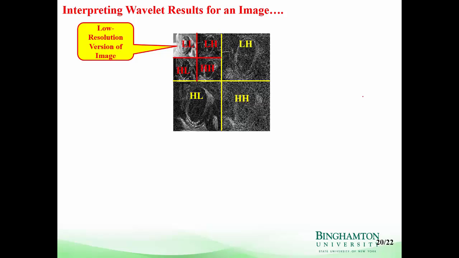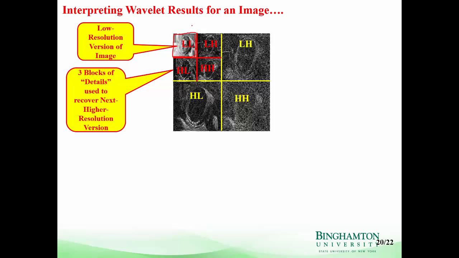This is just reiterating what I was just saying about interpreting the wavelet results for this image. So, after these 3 stages, this is a low resolution version of the original image. And then we've got 3 blocks of details that we would use to recover the next higher resolution version.